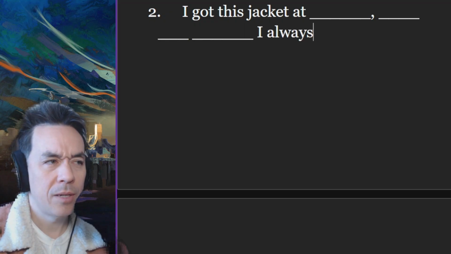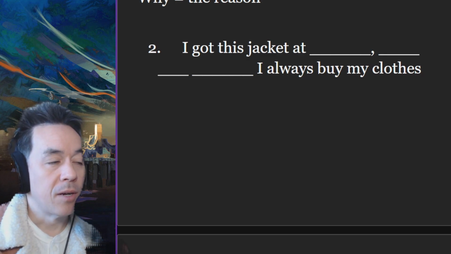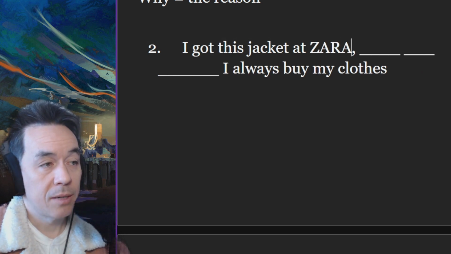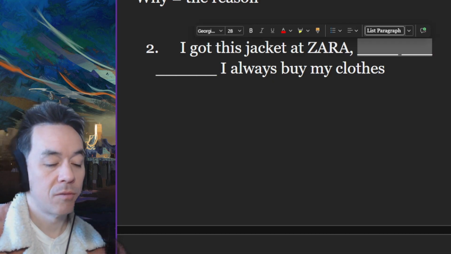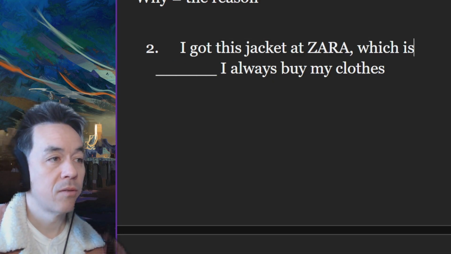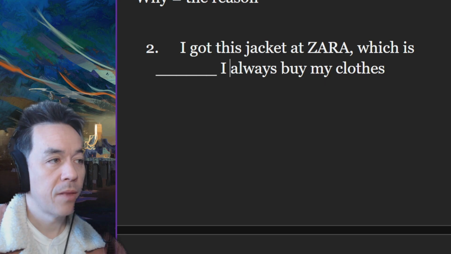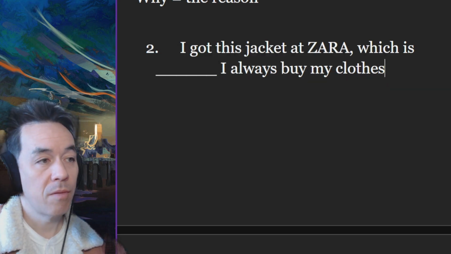I always buy my clothes. Let's see. So I got this jacket, or bought this, at, we'll say, a store. Say Zara clothing store. And then, we'll say clothing store, which is... So we're trying to say, in this sentence, I buy my clothes there.